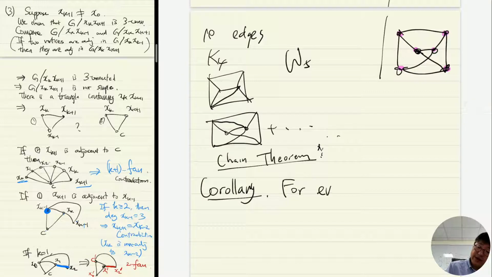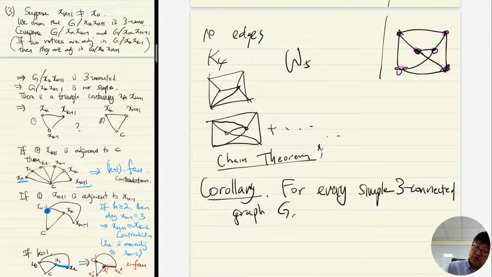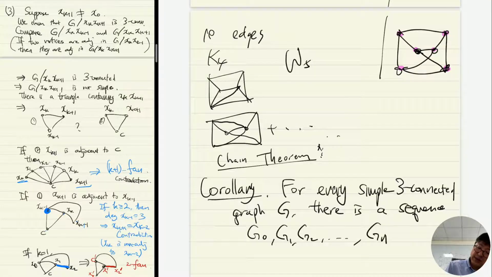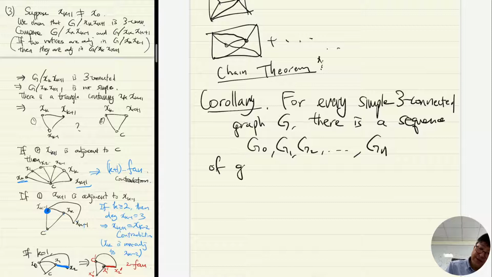For every simple 3-connected graph G, there is a sequence G0, G1, G2, ..., Gn of graphs.